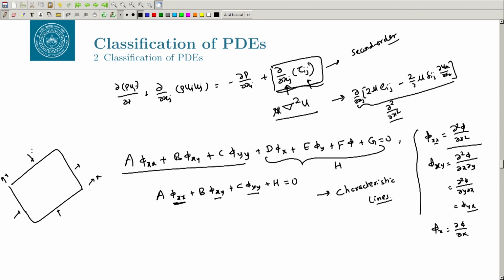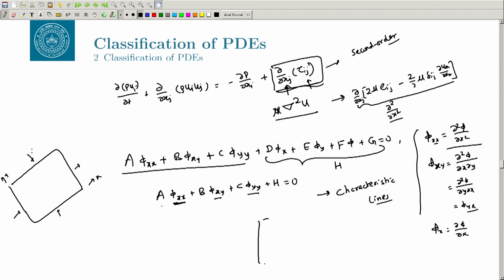So, we are looking for the regions where the highest order derivatives are undefined. How do we identify that? Right now we have a phi_xx, b phi_xy and c phi_yy.